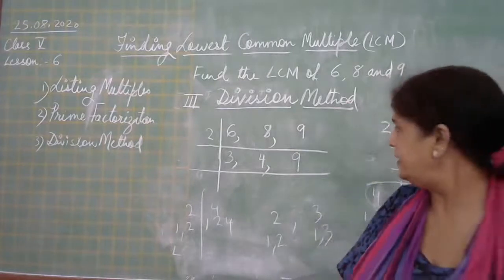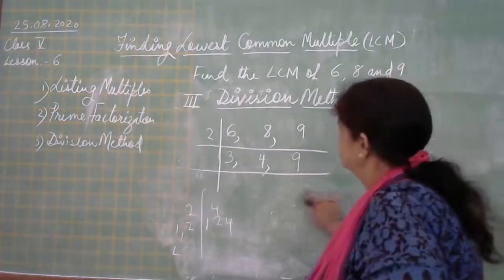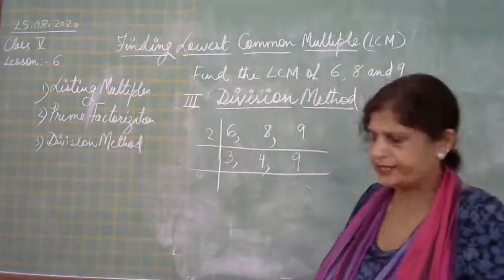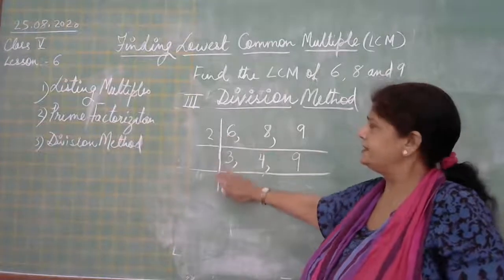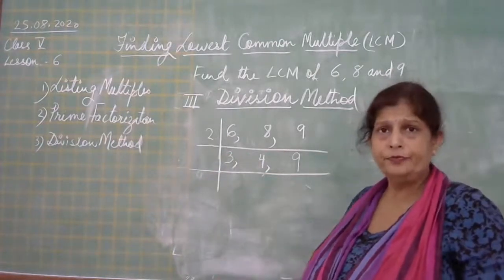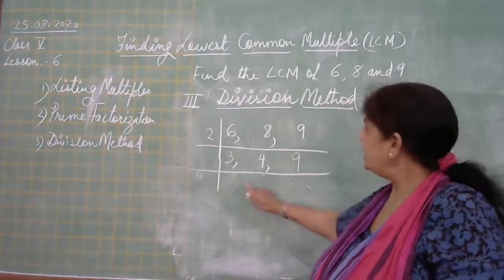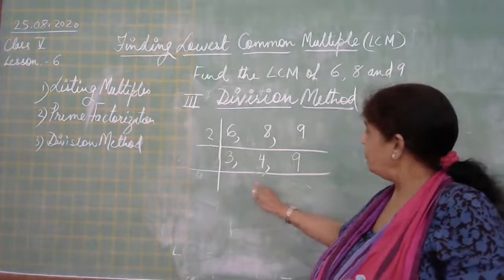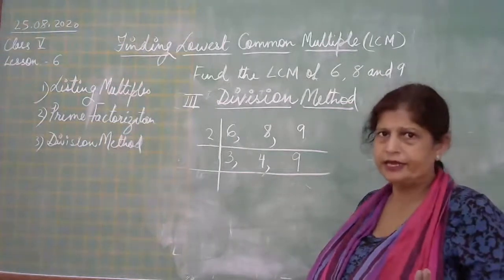So here, children, in this case, I said that you will keep on repeating this step. Which step? That you will divide by a suitable prime number, and you will keep on dividing until you get either 1, 1, 1 or co-prime numbers here. Right?